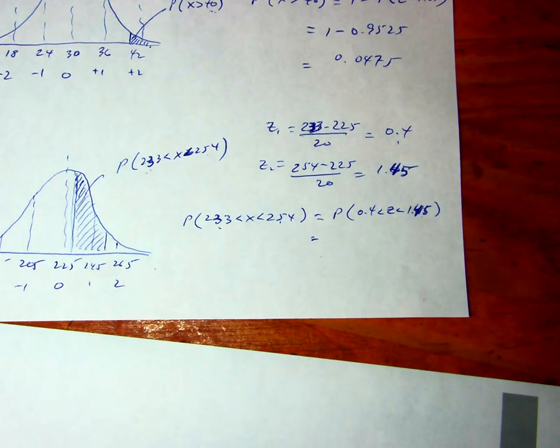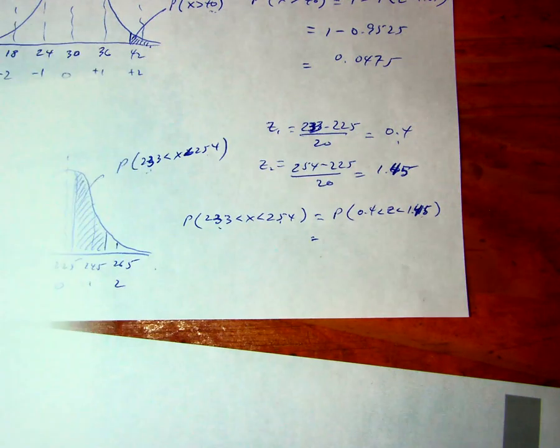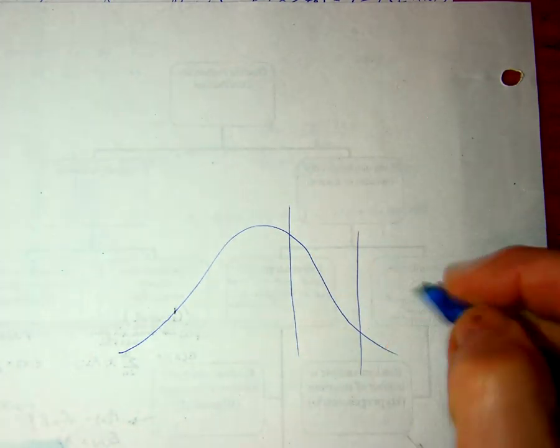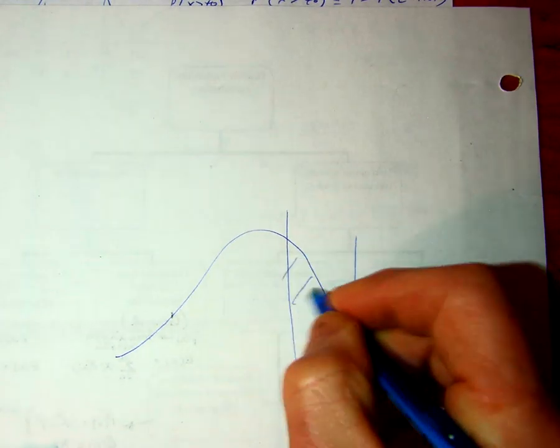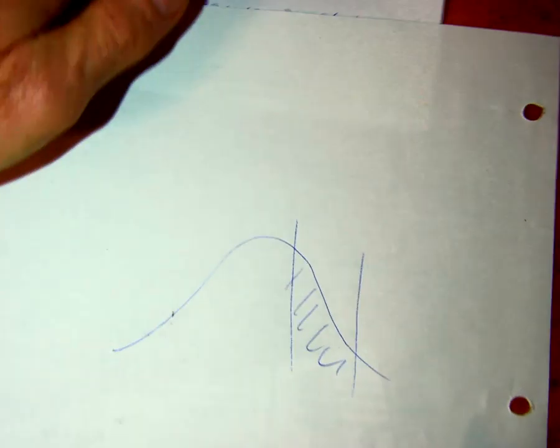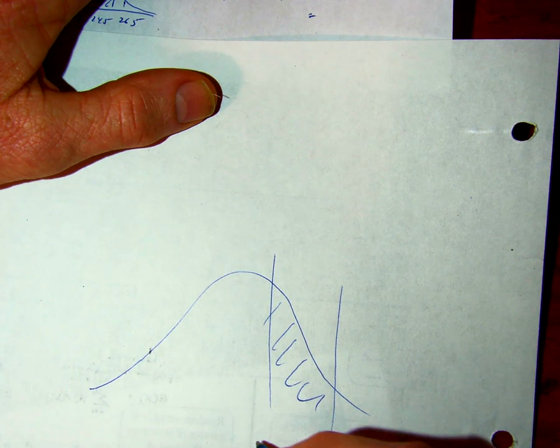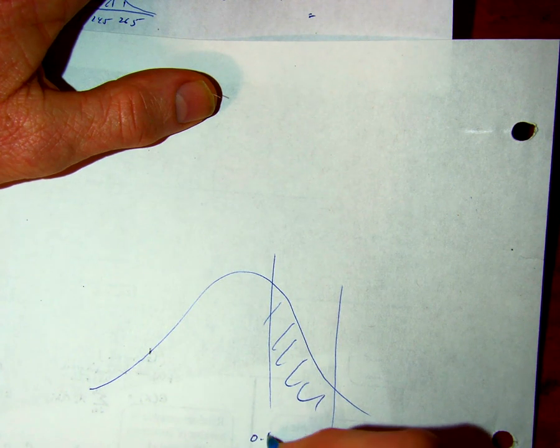No, let's just figure this out. You have a z-score of 1.45, and you have a z-score of 0.4, right?